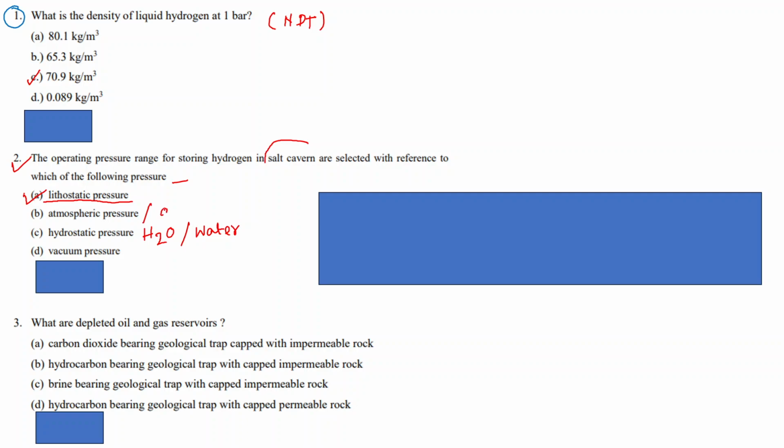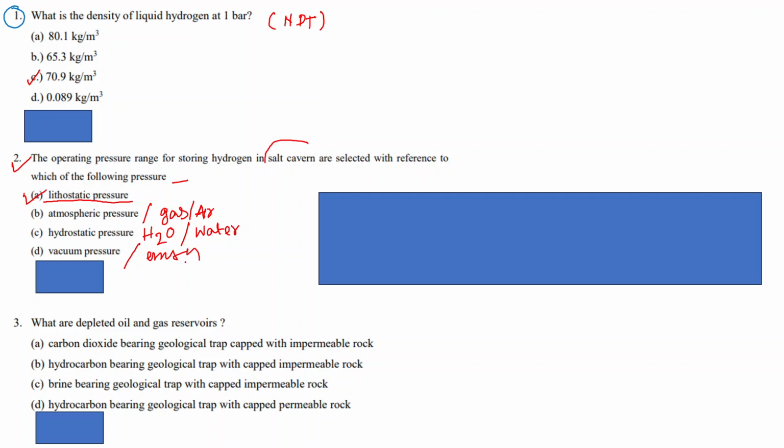Atmospheric means the gas, air, at 1 bar. And vacuum pressure means there is nothing, totally empty.